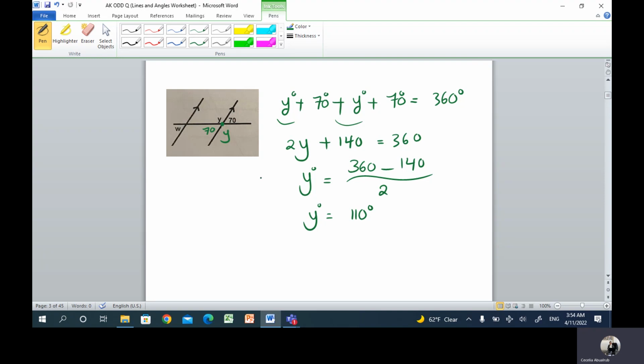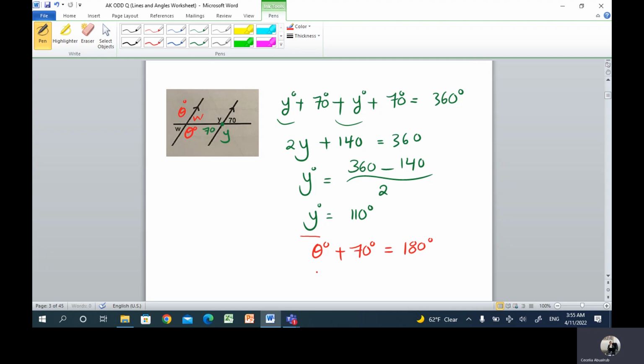And now that we found y, we can call this angle here theta. So this is theta as well. And if this is W, then this is W. And we're going to say that theta, which is my unknown, always start with the unknown, plus 70, they add up to 180 degrees.